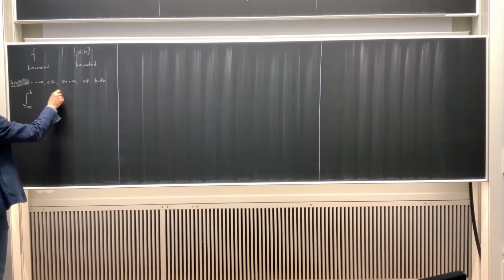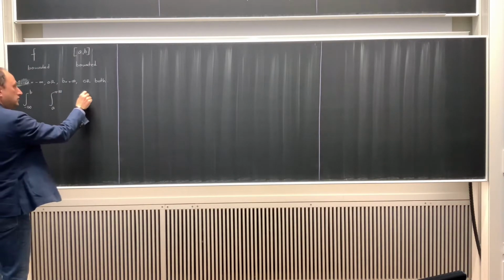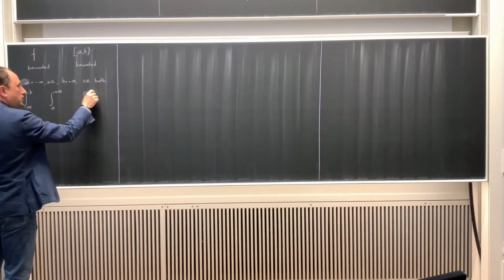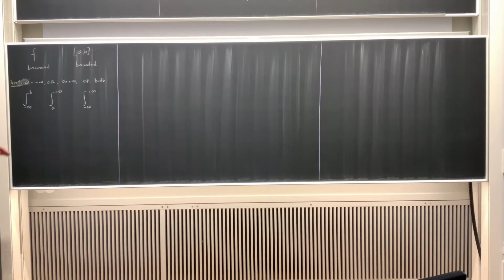Yes, if my interval has this form, integral from minus infinity to b, or integral from a to positive infinity, or the integral from minus infinity to positive infinity. So you see that the interval is not bounded. Okay, and then I can have three scenarios. Each one of them, you can call type 1 improper integral, because the interval is an unbounded interval.